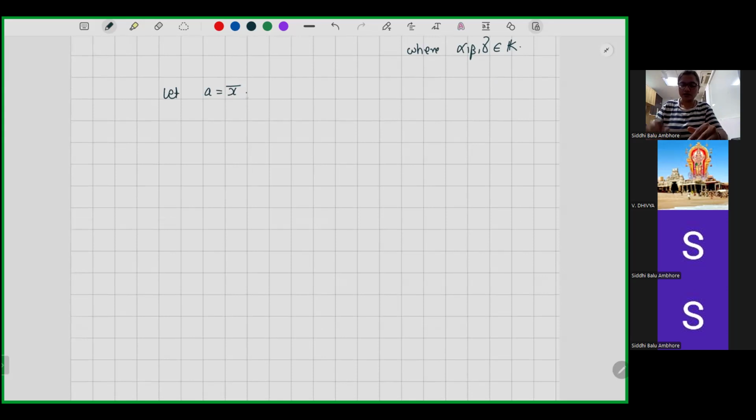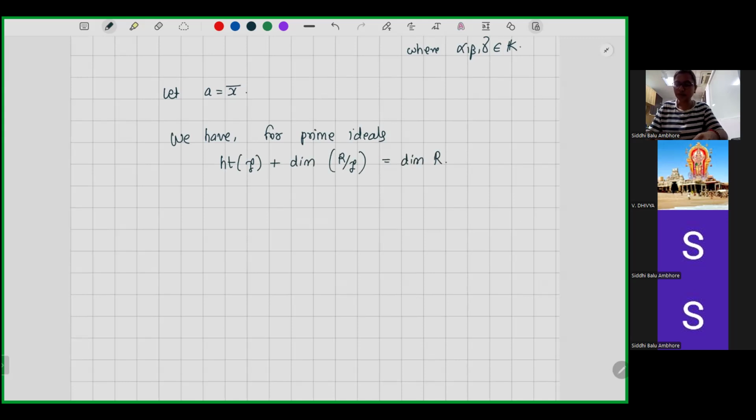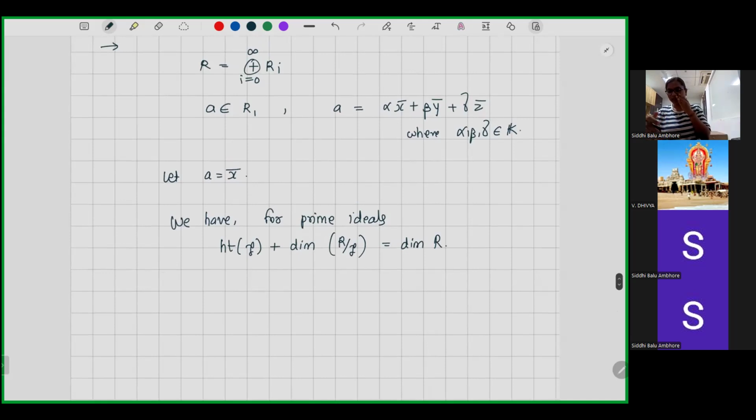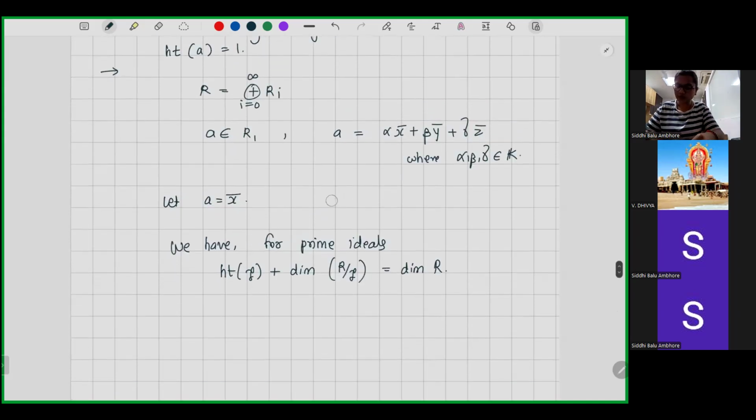We learned in this week's lecture that for prime ideals, the height of P plus the dimension of R mod P is equal to the dimension of R. Here A is just an ideal, and need not be a prime ideal.